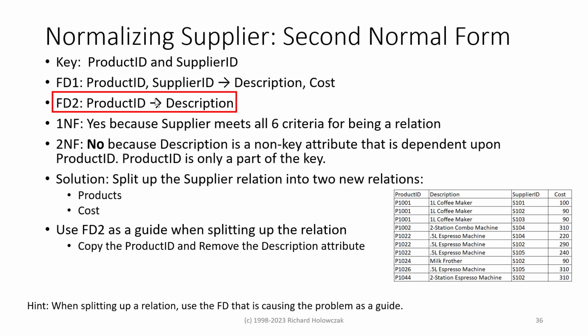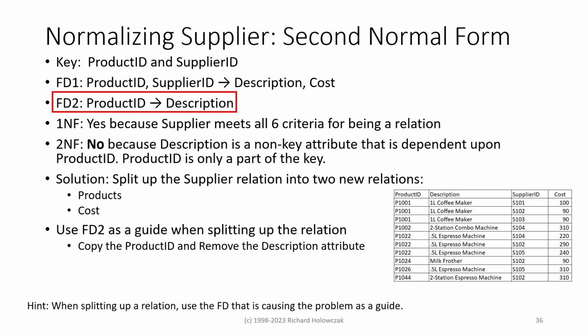This will always be our response. You tried the definition, it didn't work, you failed. Now we split the relation into two pieces. It doesn't really matter what you call them. I just gave them names here so that we can talk about them a little bit. I'm going to call these two new relations products and cost.